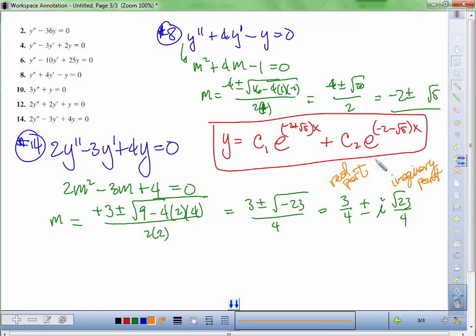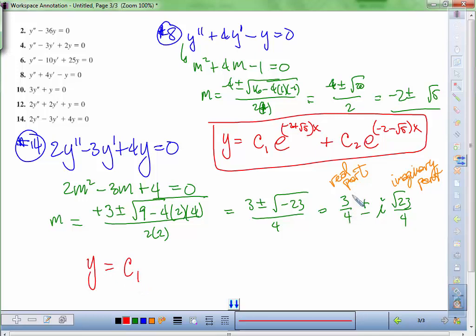So if you remember back with the alpha and the beta as the complex conjugate roots that we found, this real part will get attached to an exponential. The imaginary part would get attached to the sine and cosine. Remember that? So we can immediately jump to our solution. y is equal to, the first fundamental solution is going to be multiplied by C1.